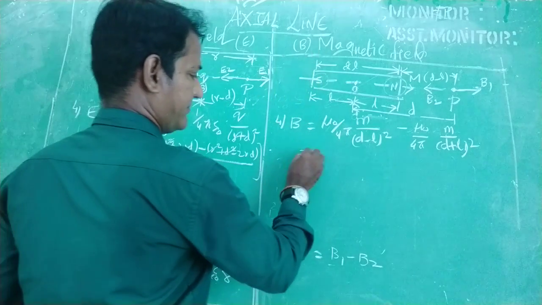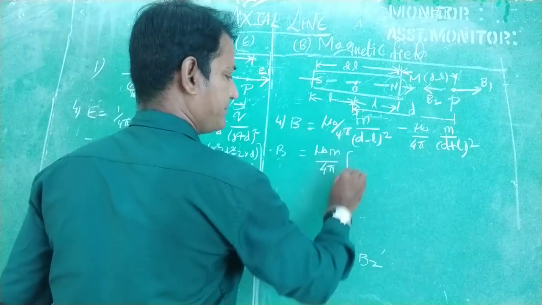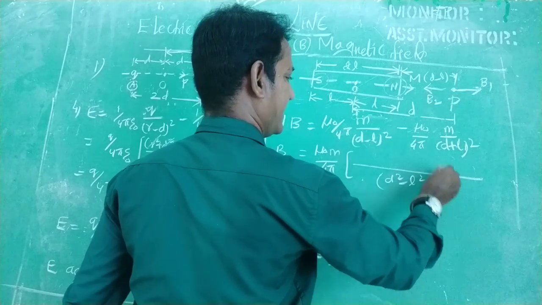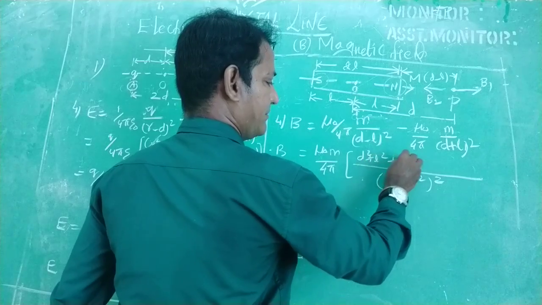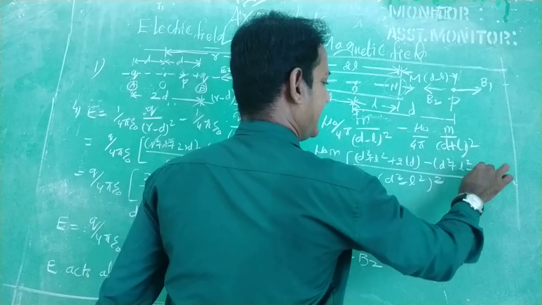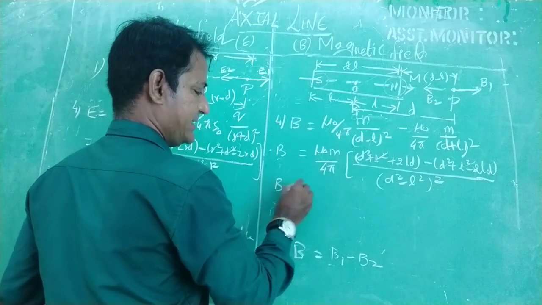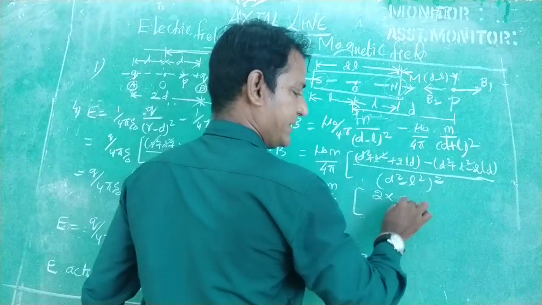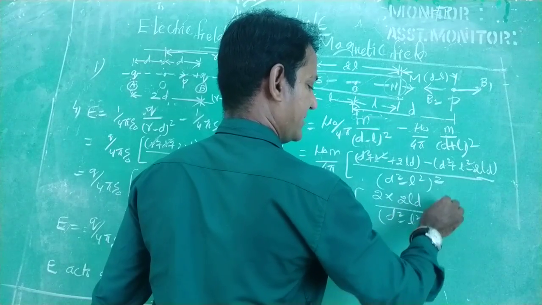So again, as we have taken here, mu naught m by 4 pi is taken out, taking LCM, (d square minus L square) the whole square, cross multiplying and expanding, d square plus L square plus 2LD minus d square plus L square minus 2LD, cancelling. So I get B is equal to mu naught m by 4 pi 2 times 2LD by (d square minus L square) the whole square.